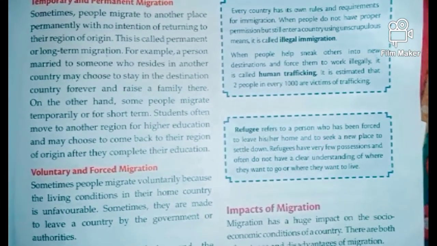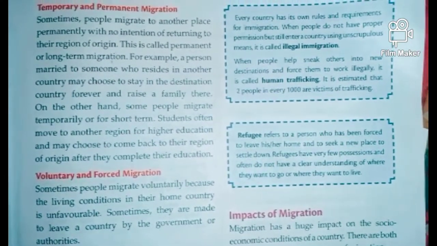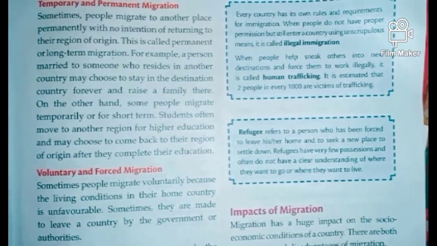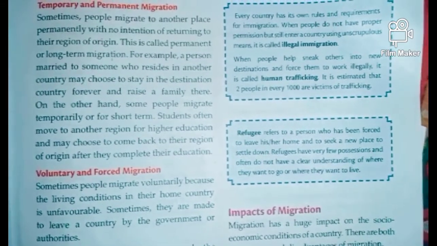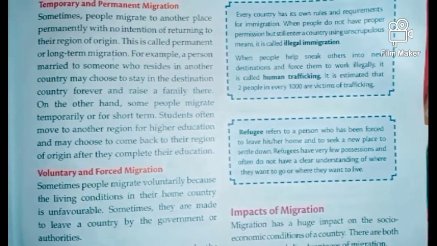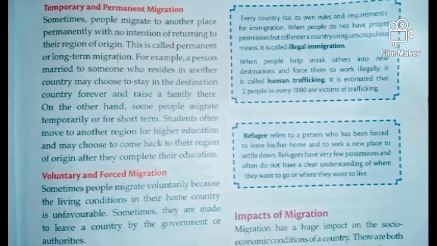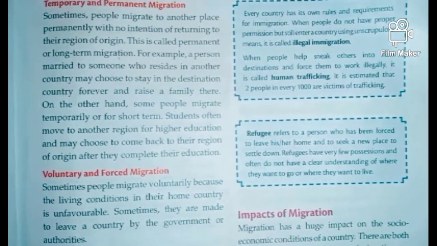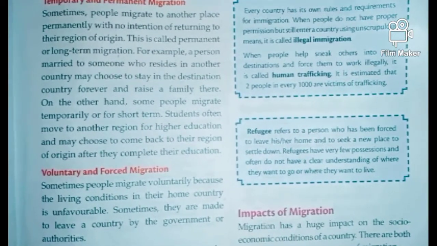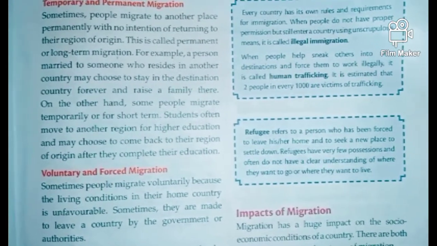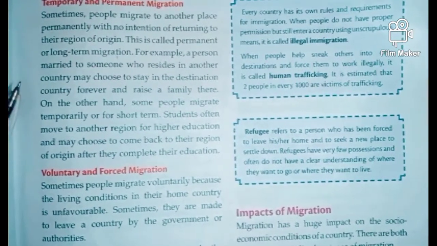Some people migrate from one place to another permanently, without any intention of returning to their region of origin. It means they do not want to return to the original place from where they shifted, and this is called permanent or long-term migration. We can understand this with the example of a married person.